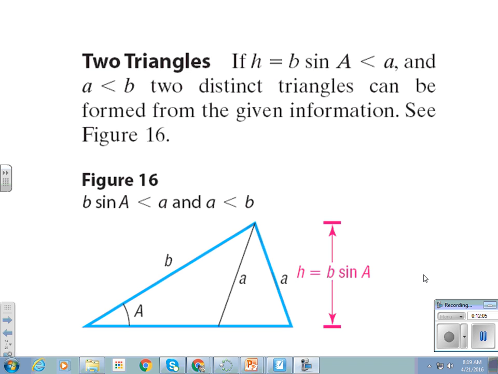So if the instructions are solve for the triangle, it's this third case where we get two triangles. We have to find all the information for both triangles. And in this scenario, side A is going to be the same, angle A is going to be the same, and side B is going to be the same. It's the angles and the side C that will be different.